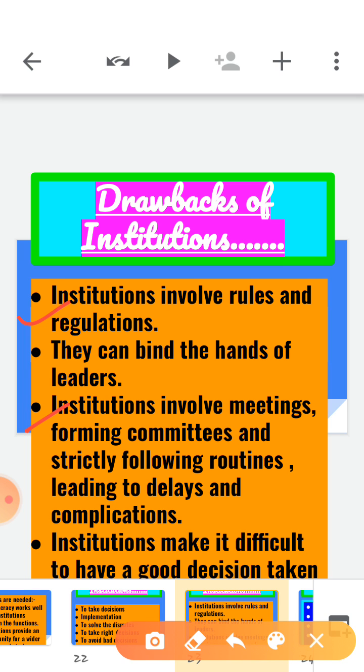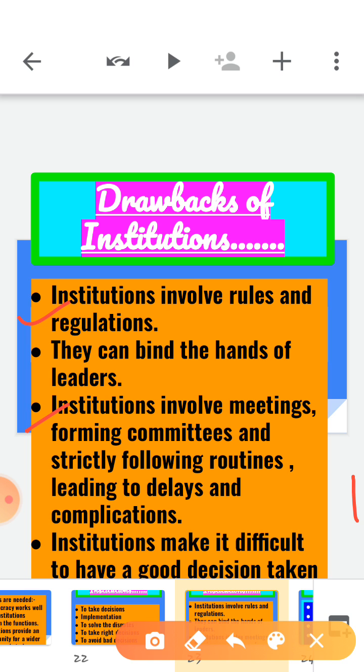Some of the delays and complications introduced by institutions are very useful. They provide an opportunity for a wider set of people to be consulted in any decision. These institutions make it difficult to have good decisions taken very quickly, but they also make it equally difficult to rush through a bad decision.